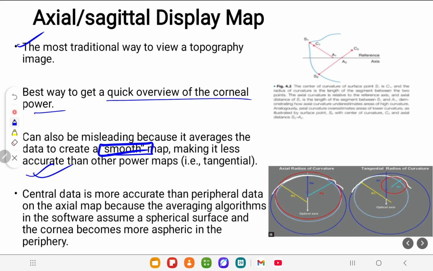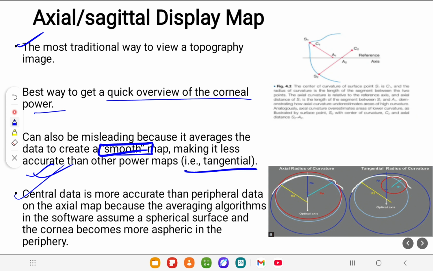If there are sudden changes or bumps, it will not show them quite accurately. But the tangential map, which we will go to after this slide, has very good accuracy in that case.